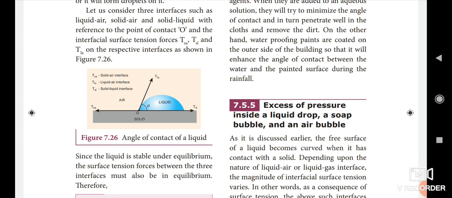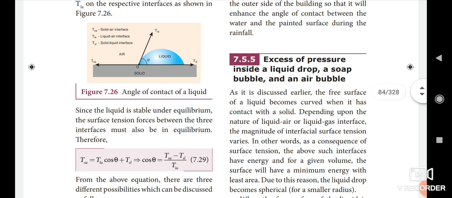The point of contact is denoted as O. Since the liquid is stable under equilibrium condition, the surface tension forces between the three interfaces, solid-air, liquid-air and solid-liquid, must also be in the equilibrium state. So see the equation.